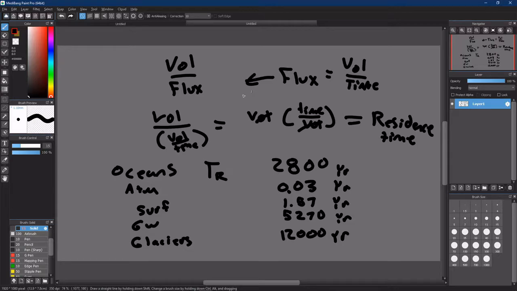Now, you can find these numbers by following this formula. Divide the total volume by the total flux in and out of those reservoirs. But some of this can make quite a bit of sense. So the atmosphere, of course, has such a short time because of all the cycling of it. The precipitation, water evaporates into the atmosphere, moves via wind movement, and then as those temperatures and environments change, it can get dropped as precipitation very readily again.